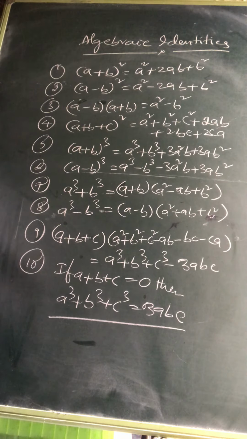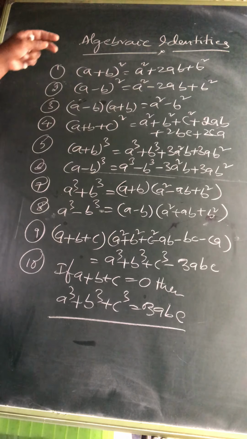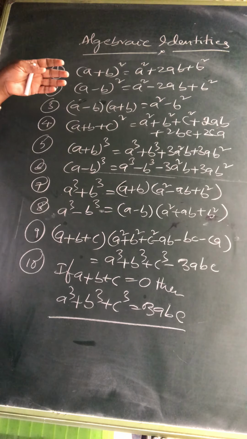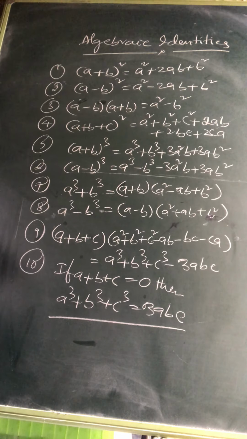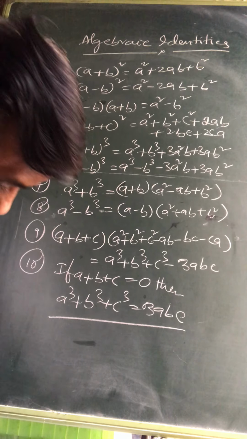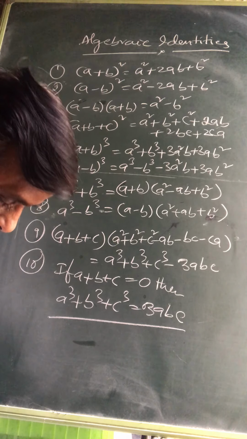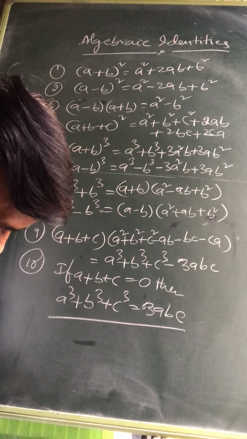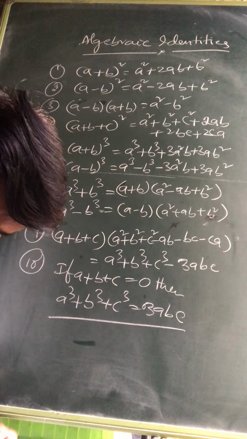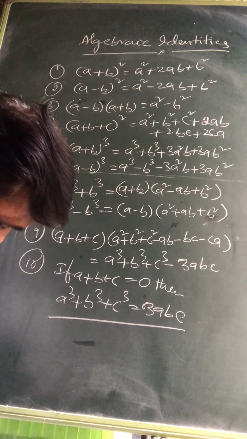These are the 10 important identities, and some more formulae we can extract from the given formulae. Okay? Yes, we are going to do some more problems which depend upon these formulae, from exercise 2.5.